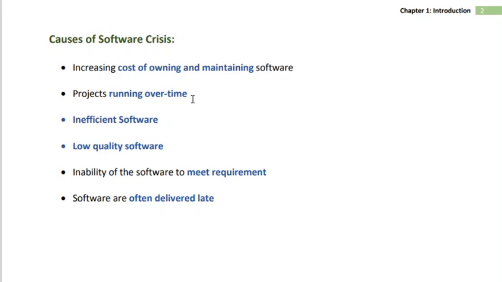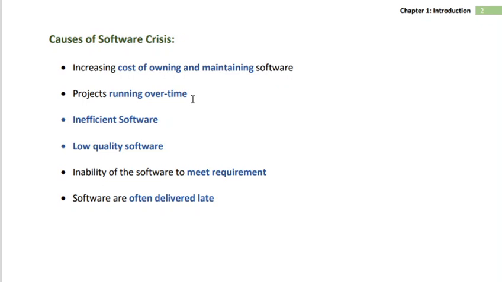If the software system is not correctly implemented, it's not capable of delivering results within expected time, and it does not meet the expectation of the customer, then definitely the software system will be considered low quality software. Inability of the software to meet customers' requirement. It may so happen that you build a very good software, but if it does not meet customer expectation, then the software system may eventually be rejected by the customer.